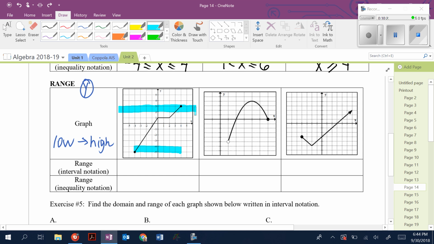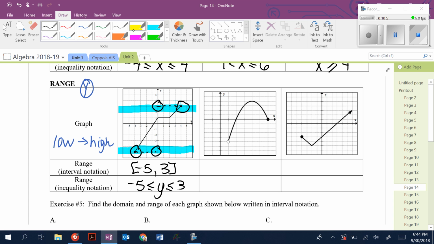This is how high it goes, and that's how low it goes. So what number is that? It's 3. And then how low is it? -5. Are both of those points closed? Sure are. So -5 all the way up to 3, closed, closed. And -5 is less than or equal to y is less than or equal to 3 because it's included.